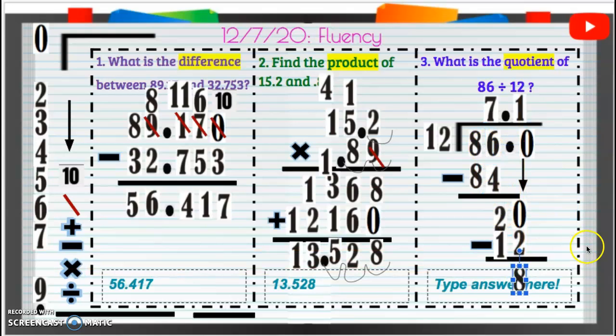All right, so let's go one more space. If we put a 0 here, drop down that 0. So now we have 80.